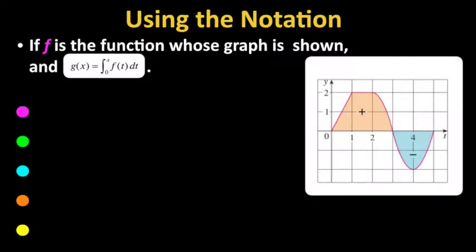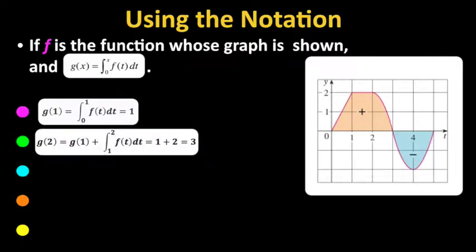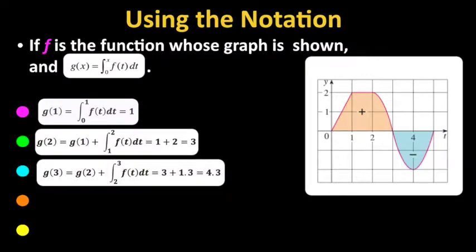So for the previous warm-up, we have g of 1 is equal to the integral from 0 to 1 and has the value of 1. G of 2 is equal to g of 1 plus the integral from 1 to 2 and has a value of 1 plus 2, which is equal to 3. G of 3 is equal to g of 2 plus the integral from 2 to 3, which would give a value of 3 plus 1.3, or 4.3.